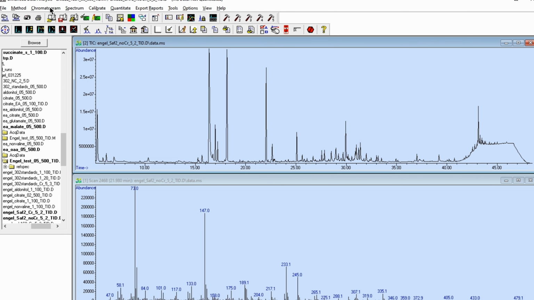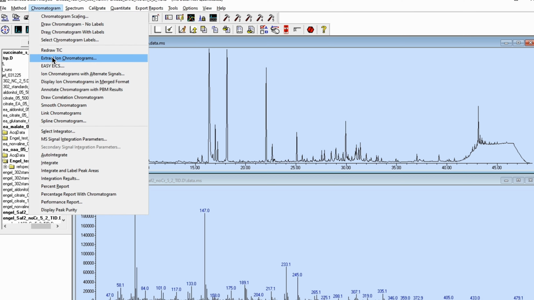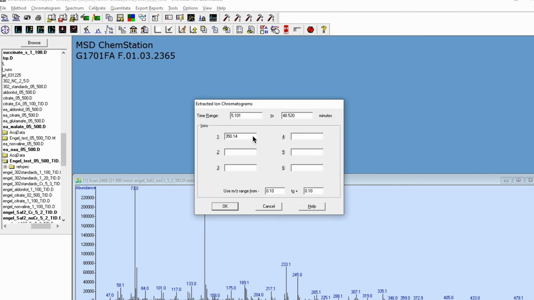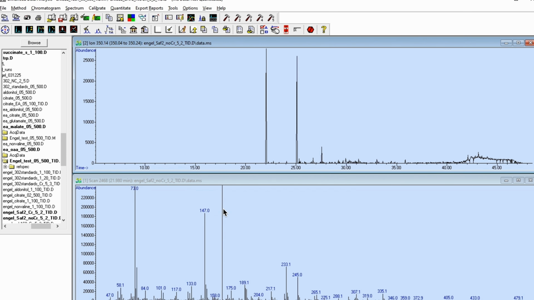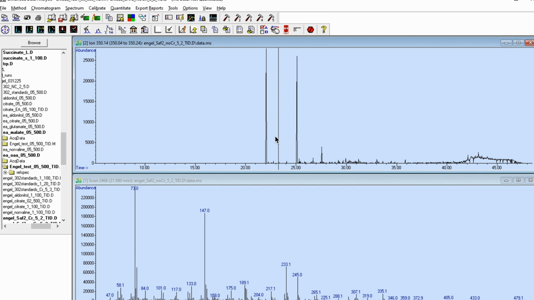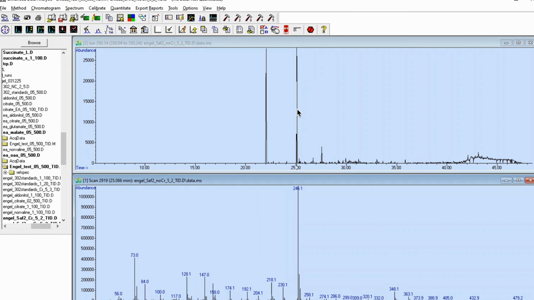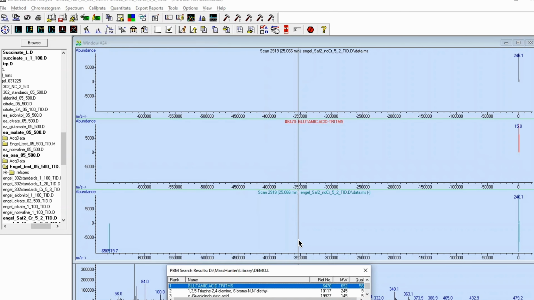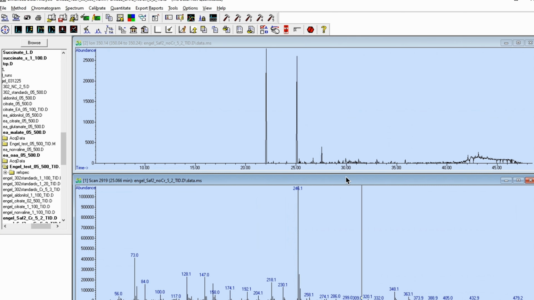One is to go to Chromatograms, then extract ion chromatograms, put in the M/Z I expected, and have it show me only the M/Z for that. You would probably see different time points at which there were things with that same M/Z. That would be for the parent.